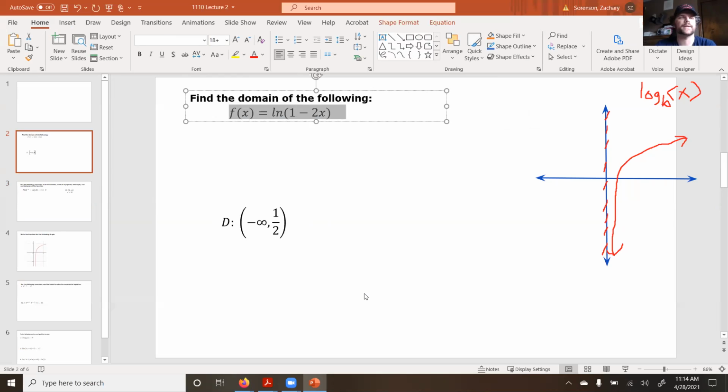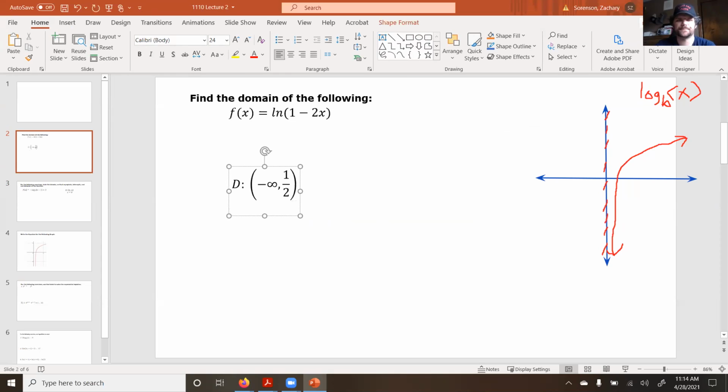So vertical asymptote. It helps to look at the domain. X equals 1/2.